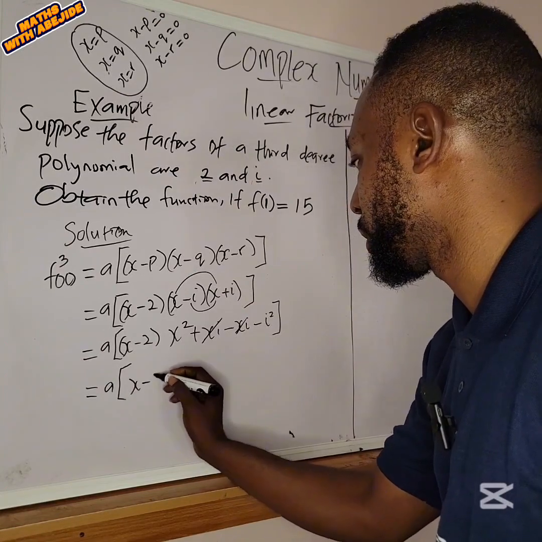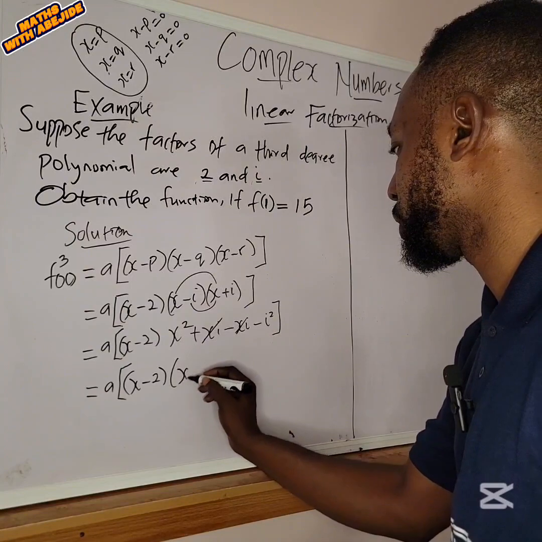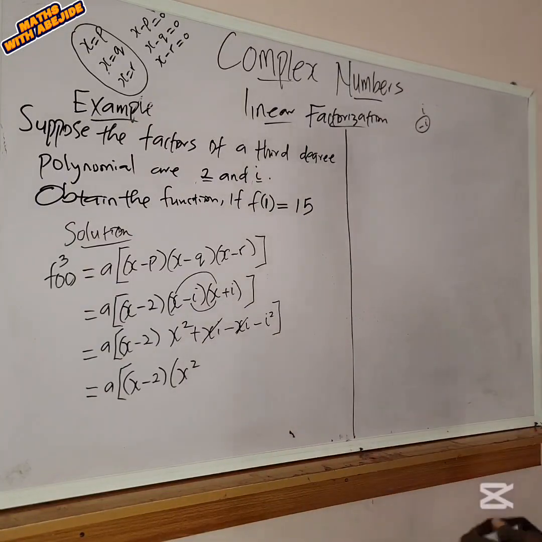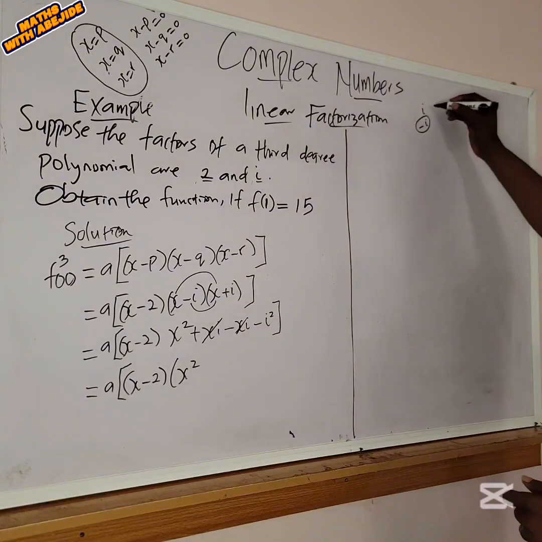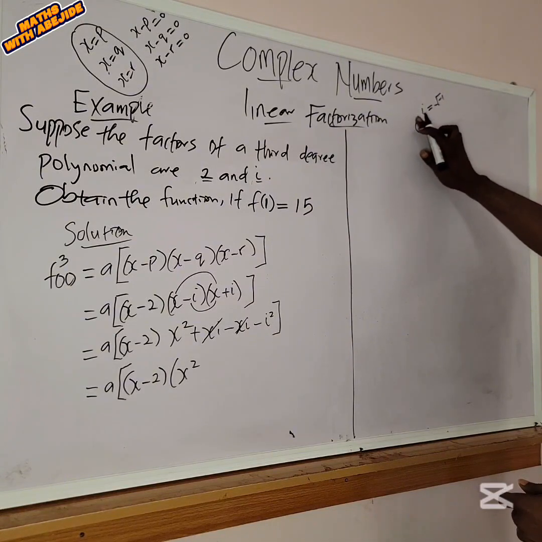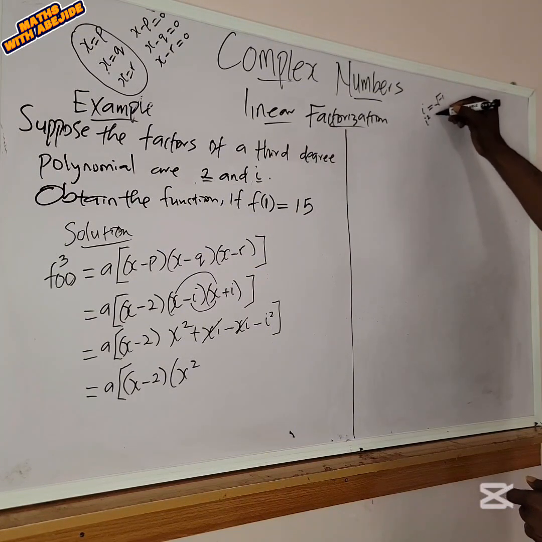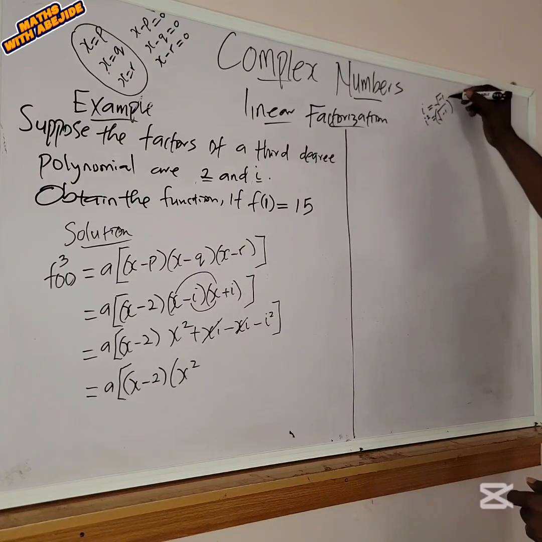bracket x minus 2 this way, then x squared. What is i squared? Recall that i itself equals the square root of minus 1, right? So if you decide to square both sides of the equation, we have i squared equal to root minus 1 all squared.